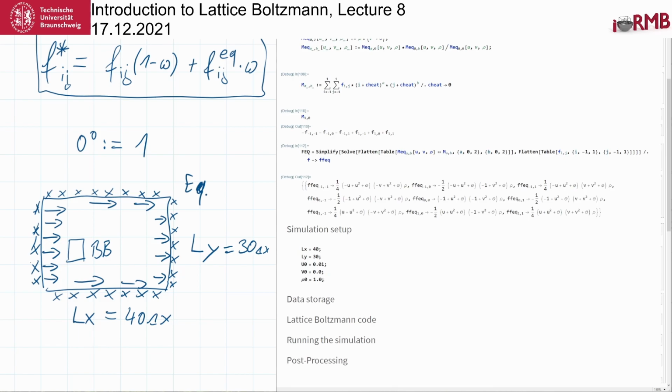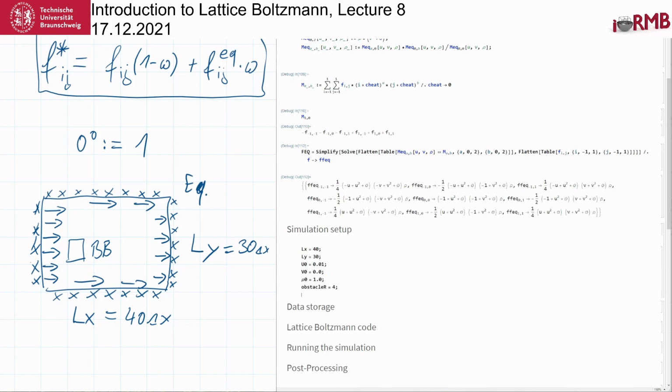And then we have to specify the size of our obstacle. I'll give this obstacle a size of four lattice nodes in each direction.